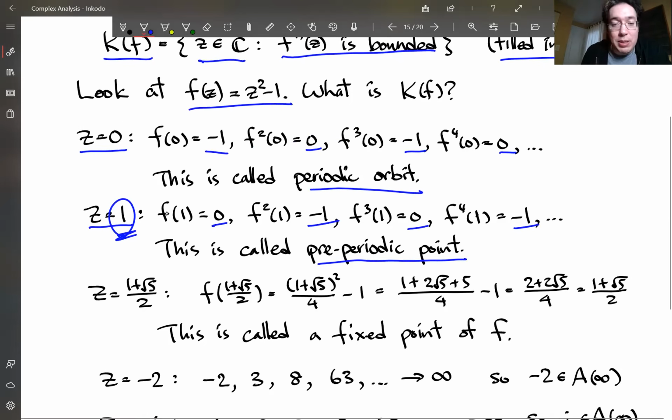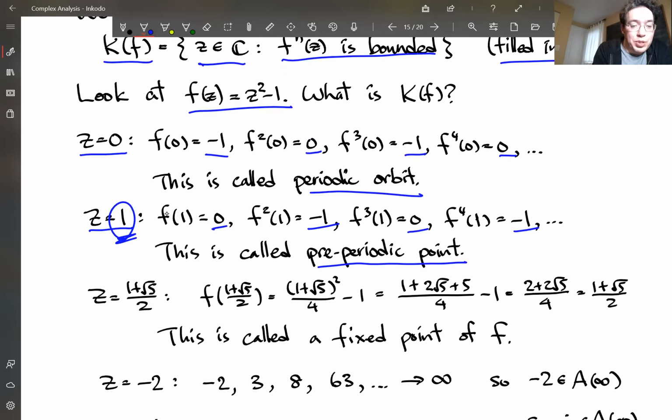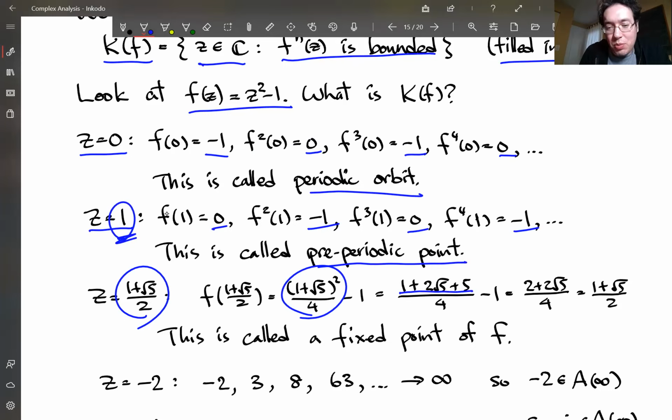Okay, other things could happen. For this function, this particular number, 1 plus square root of 5 over 2, if we plug that in, we first square it and then subtract 1. If you FOIL out the 1 plus square root of 5, that's what we get.